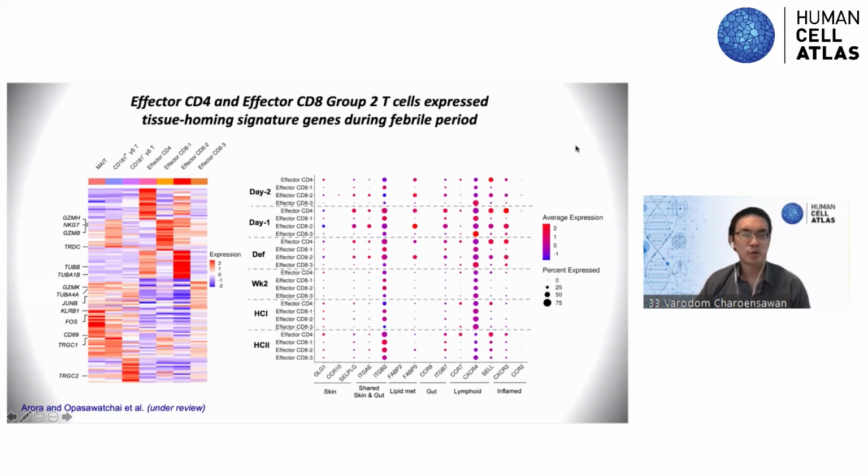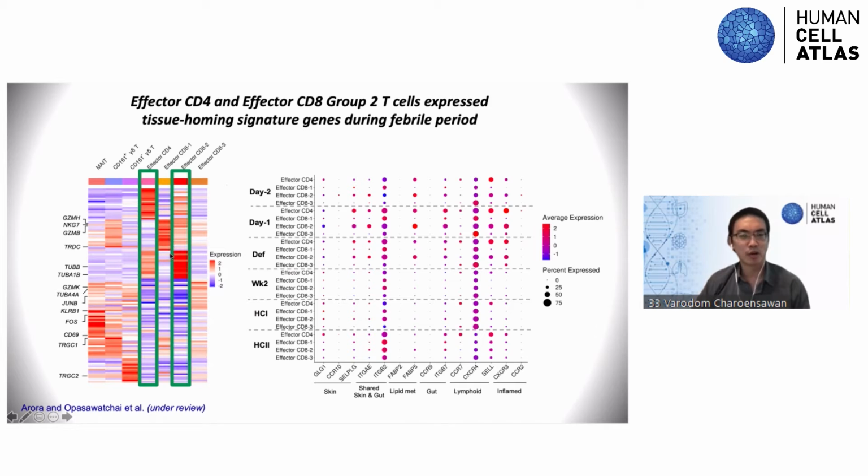We are also able to observe some transcriptionally distinct cell types, or at least clusters of cells. One example I'd like to show you is the subpopulations of T cells that express different gene profiles. The ones that I'd like to highlight are the effector CD4 and a subpopulation of effector CD8 that we call CD8 group 2.